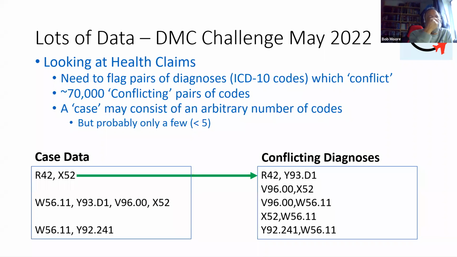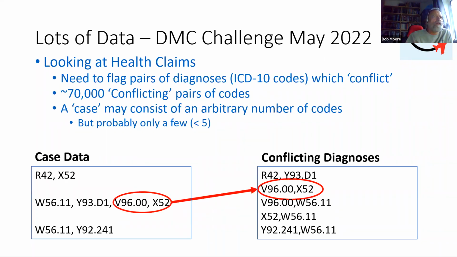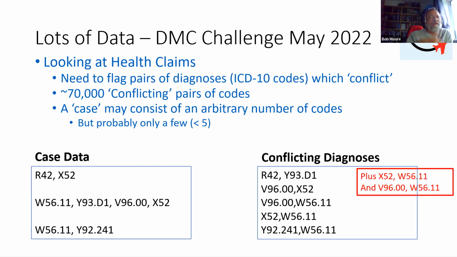On the other hand, in the second case, we're not supposed to have a case where we have V9600 and X52. And if you look a little bit further, you'll see there are further conflicts, because X52 also conflicts with W611, and reasonably enough, you'd expect some sort of transitive effect. You don't get the V96 as well.